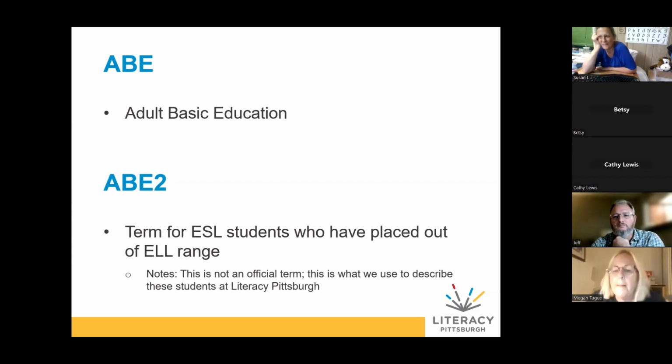So there are many students that still want to keep improving their English, and we still want to serve them. So we denote them as ABE2 students to help distinguish from the ESL and from the true adult basic education that is GED studies and entering into college and career programs.